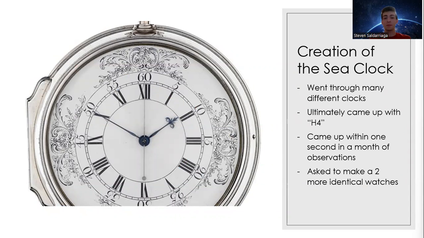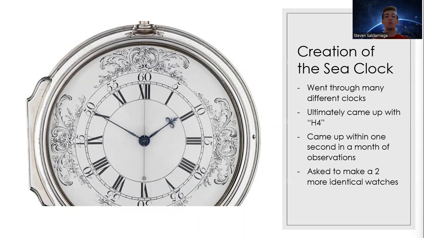It would board a ship, since he figured that in order to find longitude, one must know the precise time of 2 different locations at the same time. I should also mention John Harrison was extremely obsessed with accuracy and precision.